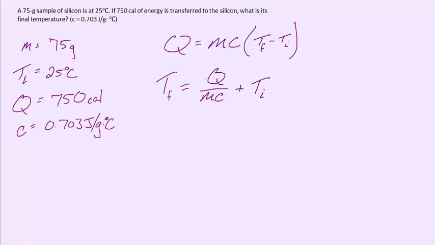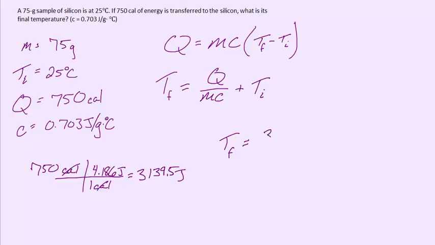And since our energy is given to us in calories, and it must be in the form of joules, we can convert our 750 calories into joules by knowing that for every 1 calorie, there are 4.186 joules. So our calories will cancel, and we'll be left with a value of 3,139.5 joules of energy.